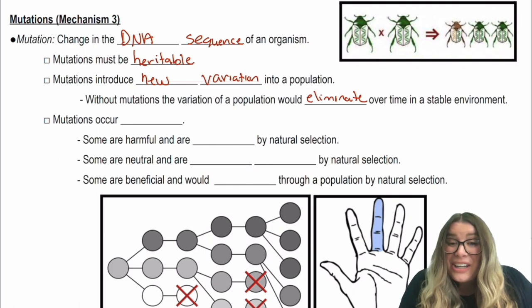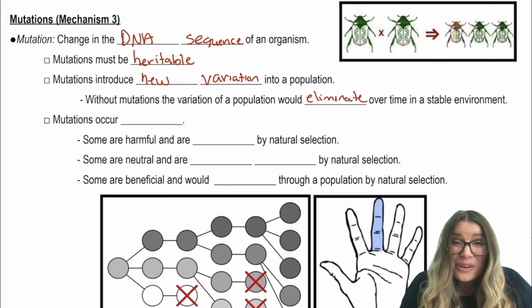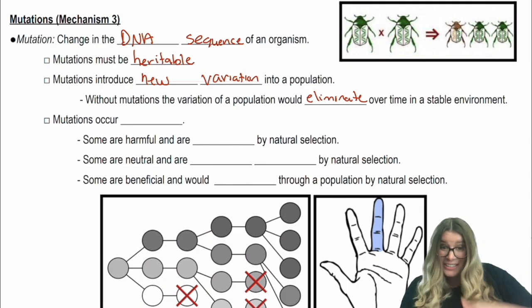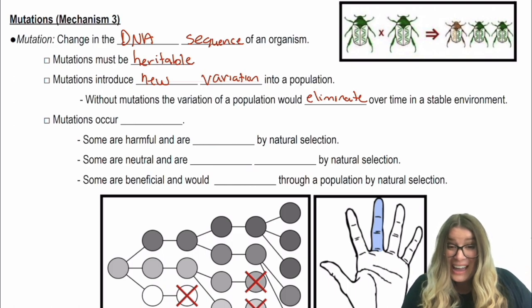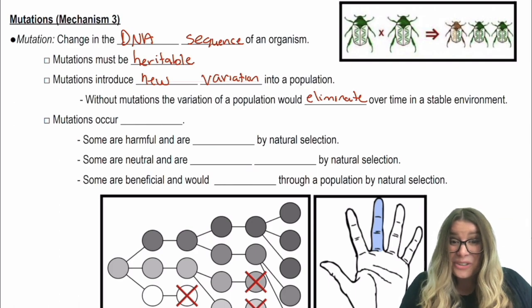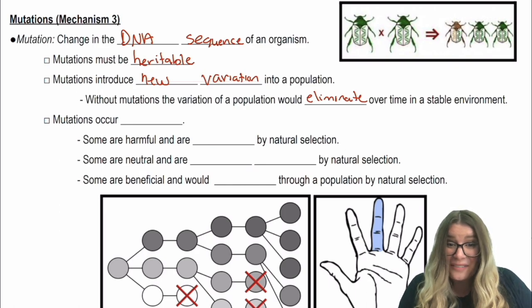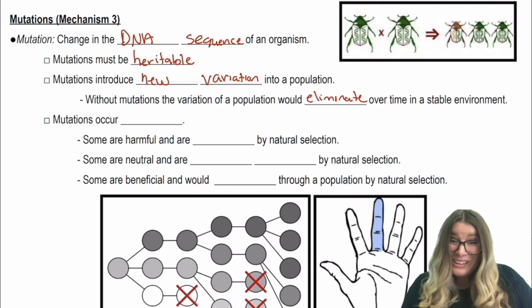So without mutations, variation of a population would be eliminated over time in unstable environments, because as natural selection is happening, it's saying, yeah, this organism can live and it's allowed to pass on its genes, and it's killing off the other ones. It's not going to pass on those genes. We're going to start eliminating that variation. So we need new mutations to build up in order to keep that variation in our populations.